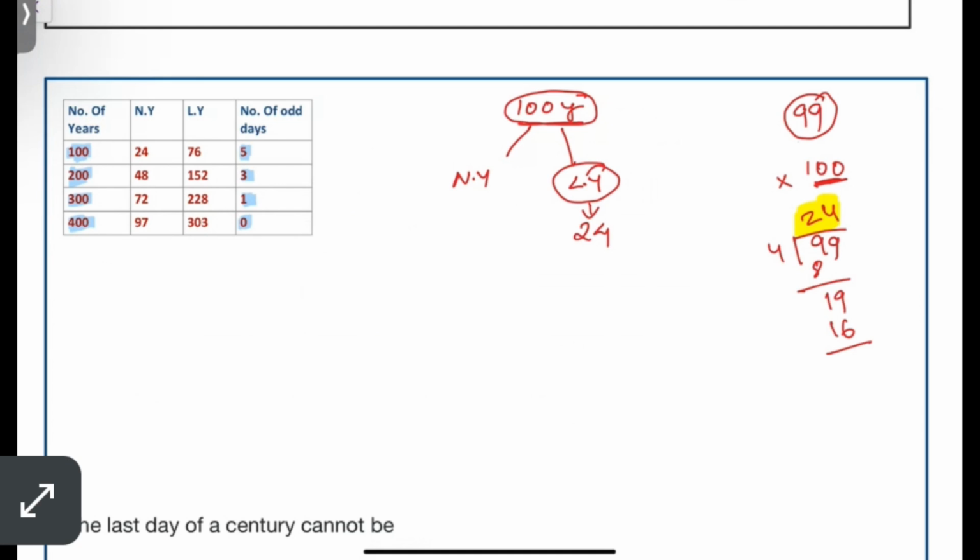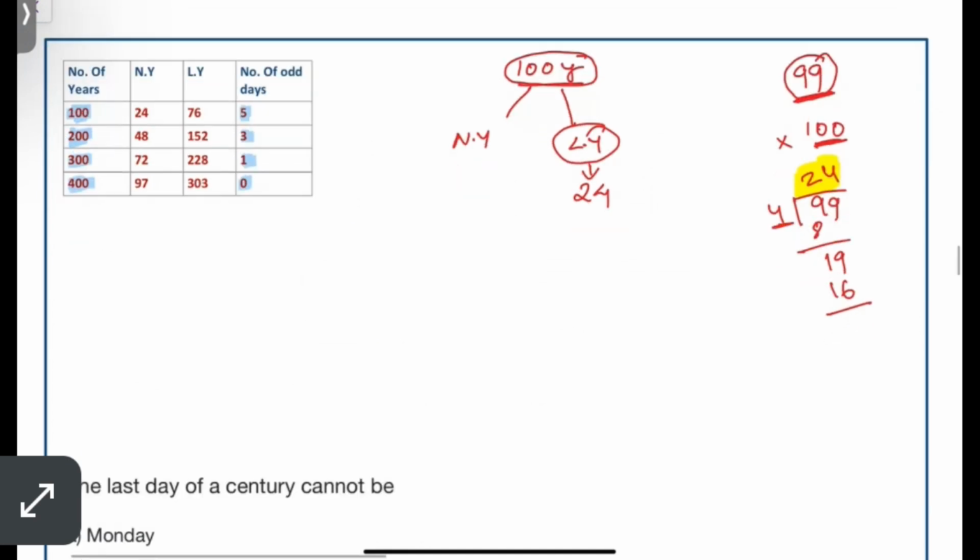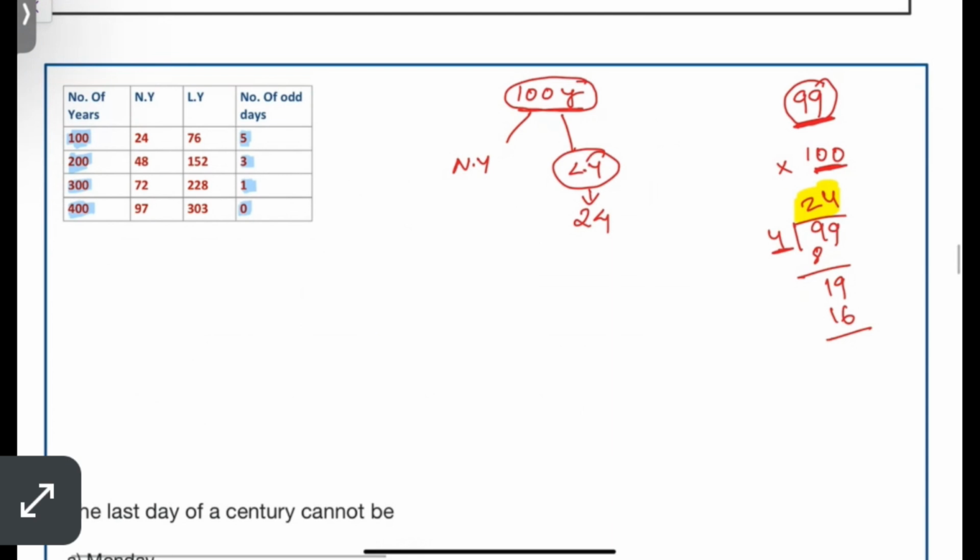I'm just taking the highest number and dividing by 4, because generally we say a leap year occurs every 4 years, but there is some controversy, as there are some years where a leap year does not occur after 4 years. You can Google it later. But in this case, I'll just take the general term: a leap year occurring after every 4 years. So we are getting 24 here.